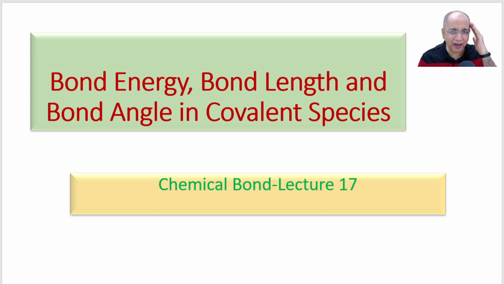So to have an idea how the bond energy varies among different types of bonds, how the bond length varies with the different types of bonds, and so also the bond angles, let us study some general rules.